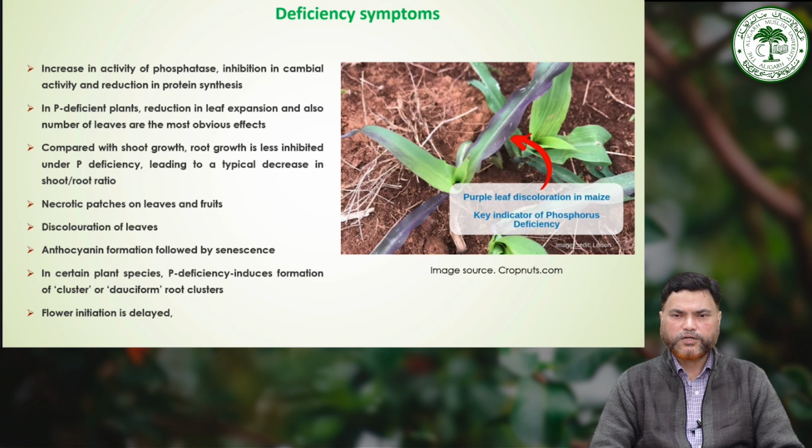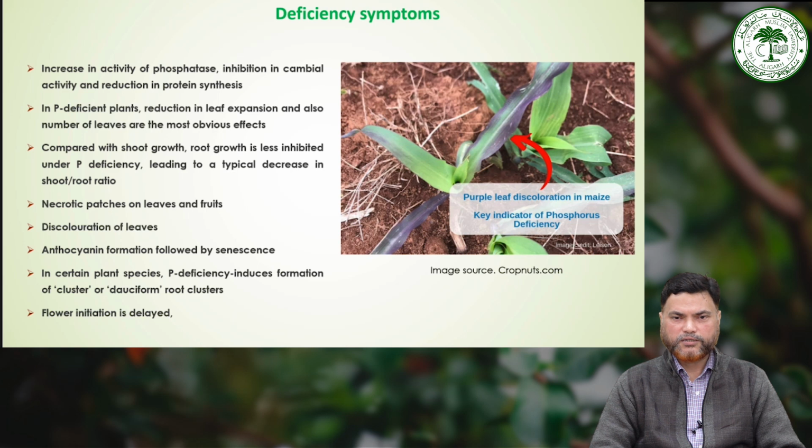And one important visible effect of phosphorus deficiency is the appearance of dead patches on the leaves and fruits, and the leaves themselves may change color, showing the signs of discoloration as you see in this slide.